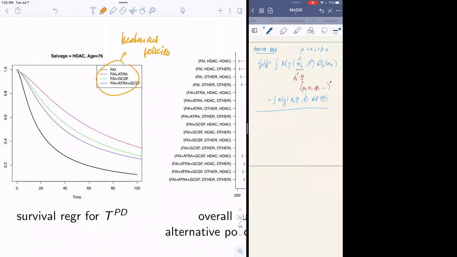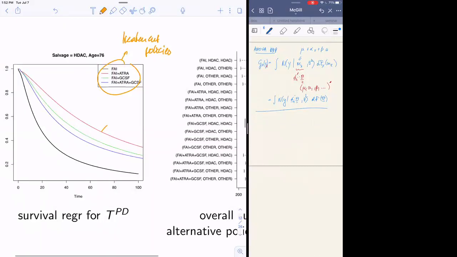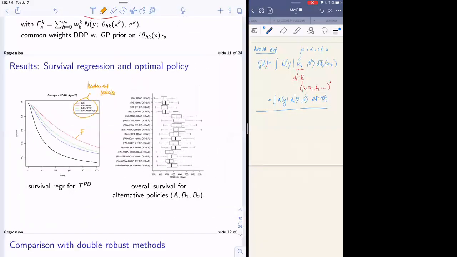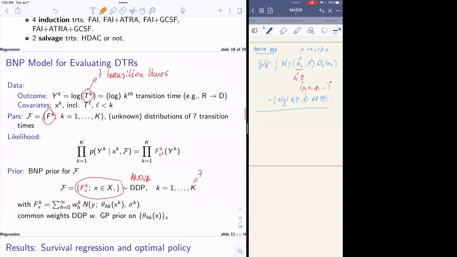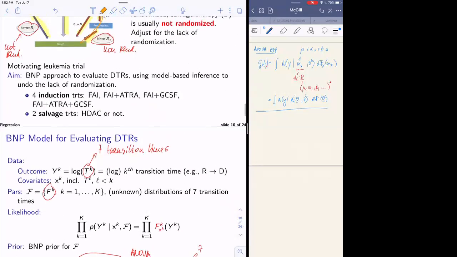And the picture shows again survival functions, meaning just 1 minus CDF. So these simply, in our notation, are the posterior expectations of, we denoted with F super K, the event time for the K-th transition.